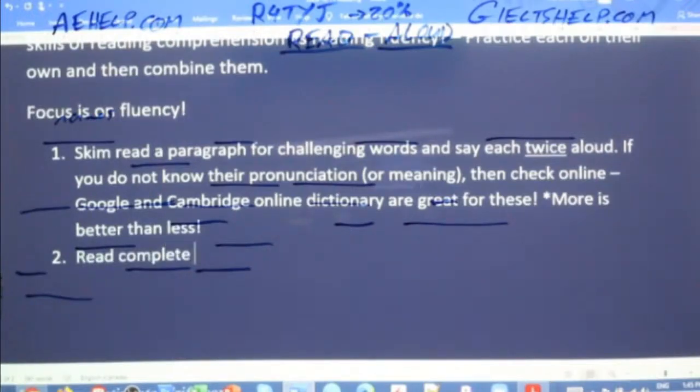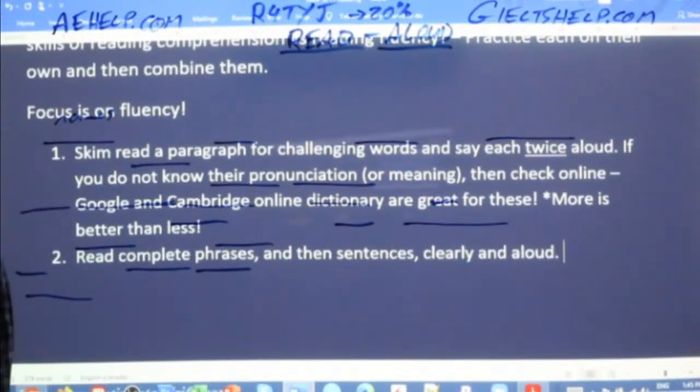Complete phrases and then sentences, clearly and aloud.